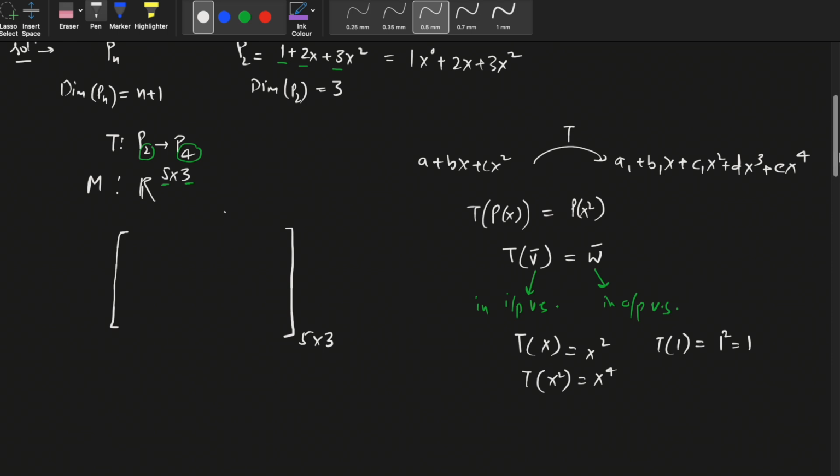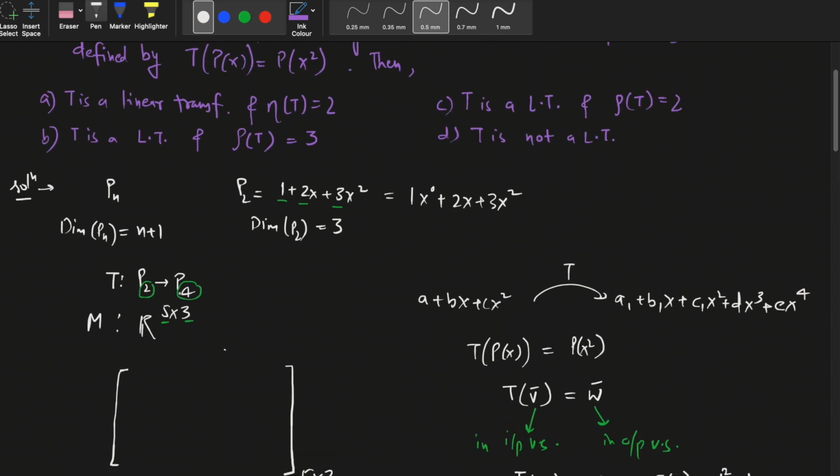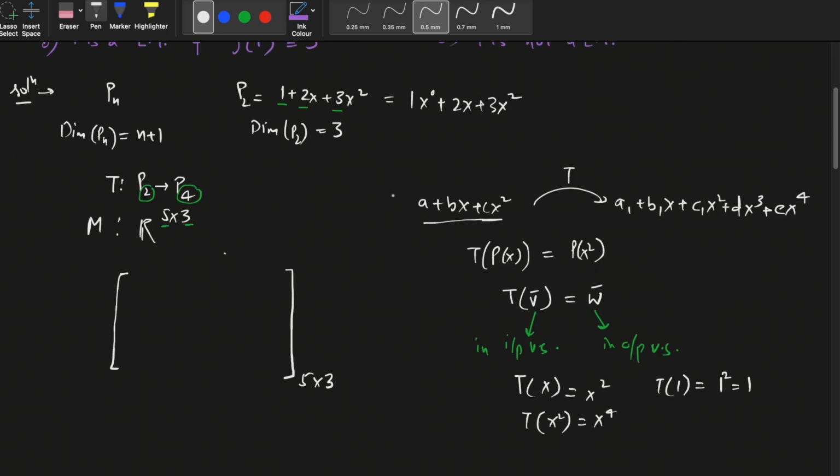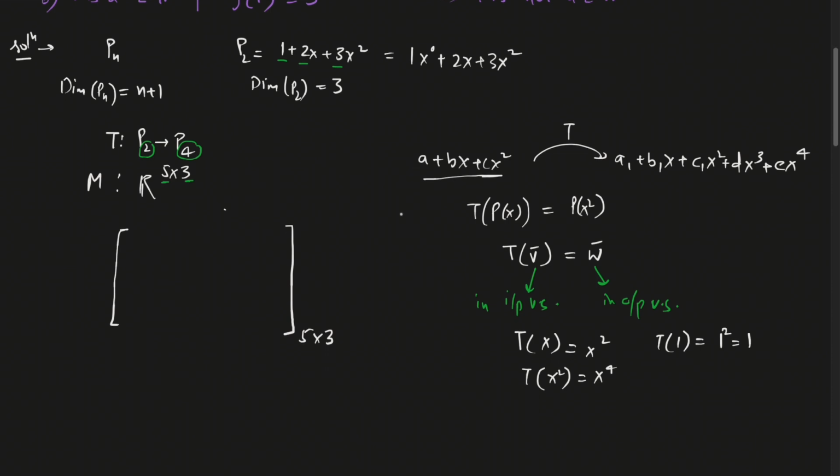Okay. So we are moving from P2 to P4, right? So we need to check for the basis set for the input vector space P2. So what is the basis set? Any polynomial a plus bx plus cx square in the input space is nothing but a linear combination of basically three basis elements, which are 1, x and x square, right?